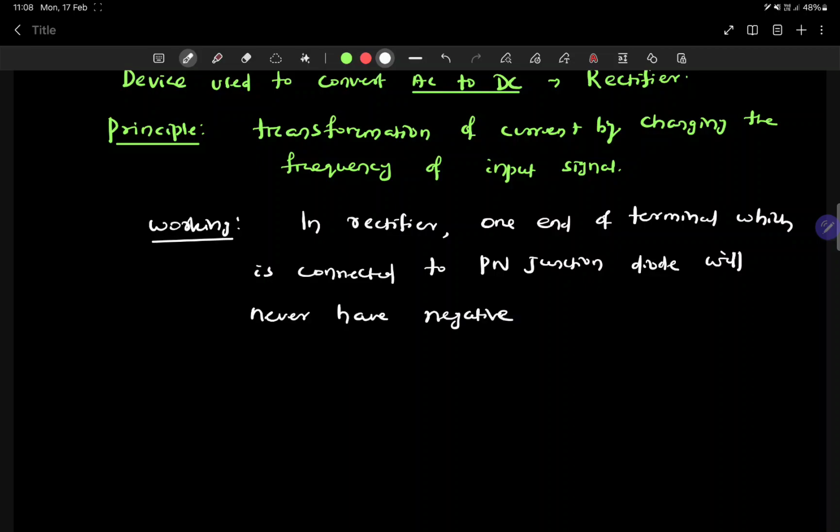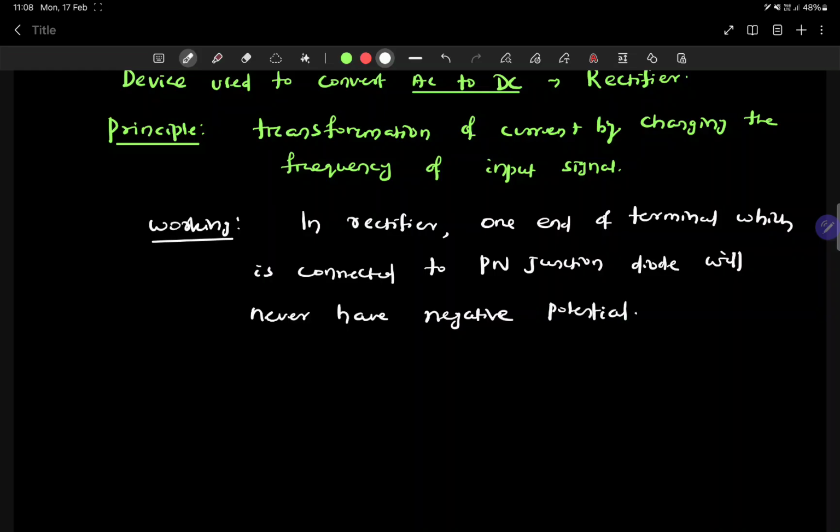Because in case of a half wave rectifier, it may be 0 or not equal to 0, and in case of a full wave rectifier, it is always not equal to 0. That is, having some positive potential. It never has negative potential.